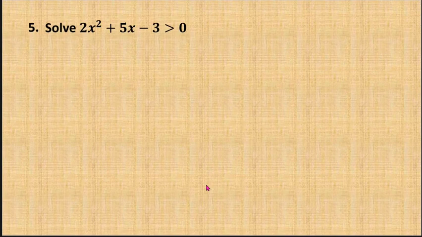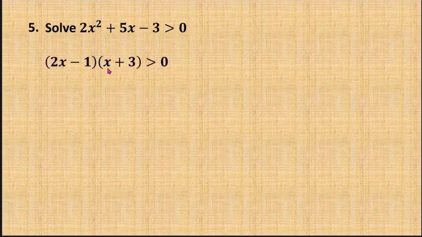Now let's move on. In this question, the quadratic expression consists of 3 terms. To sketch the graph, I'm going to do factorization. After the factorization, I get 2 linear factors. From the factors, I get 2 different roots of the quadratic.